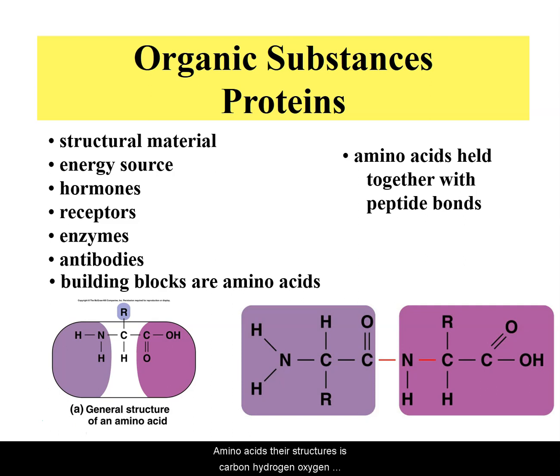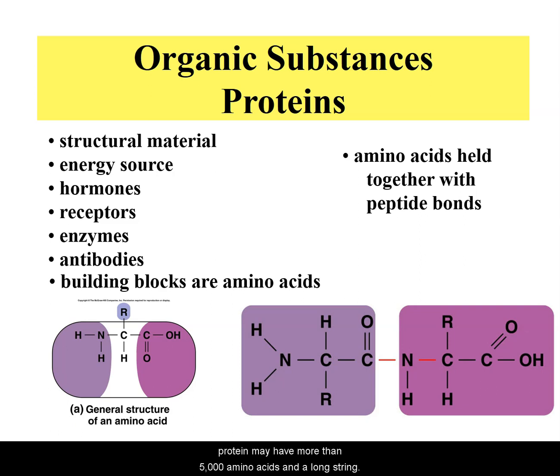Amino acids, their structure is carbon, hydrogen, oxygen, and nitrogen, and sometimes sulfur. Nitrogen is unique to proteins and amino acids. There are about 20 different kinds of amino acids.